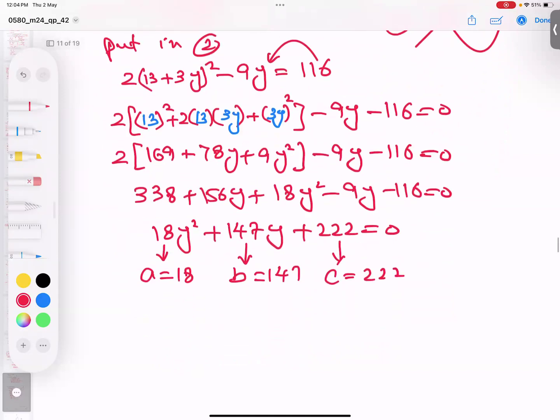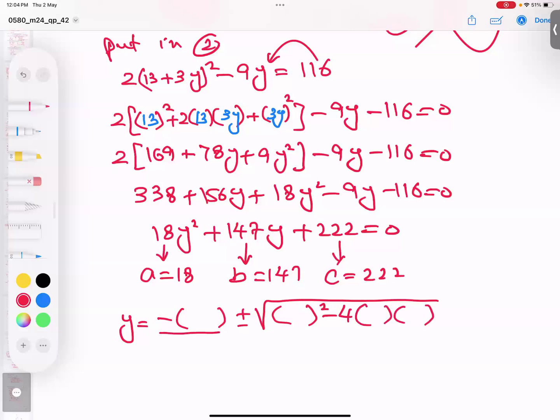If they're negatives, then I must take it that way. Now y equals negative b plus or minus the square root of b squared minus 4ac, over 2a. 2b's, so 147 will come from here and here. Now 2a is 18. So 18 comes here and here.